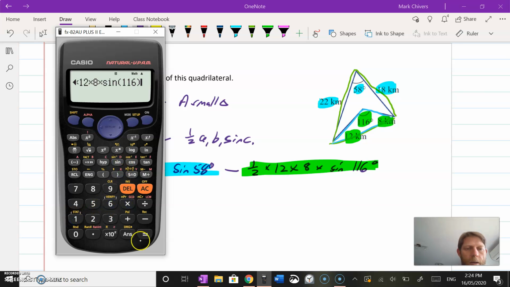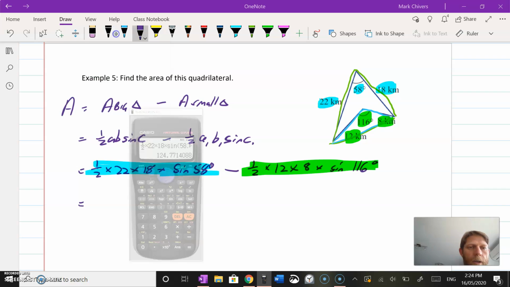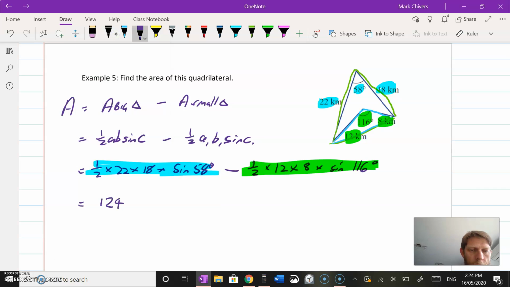We close our brackets there. And that's going to leave me with 124 point, well, we'll go to 77, to 2 decimal places. And the units are kilometres, so that's going to be in kilometres squared. Okay? So that's the end of that.